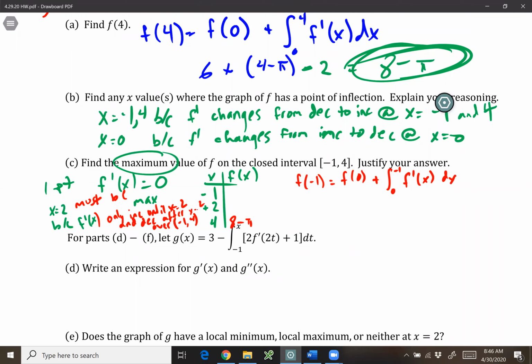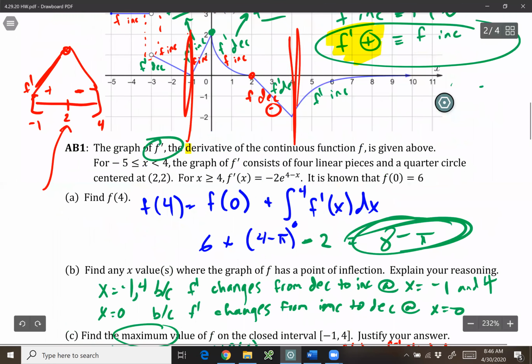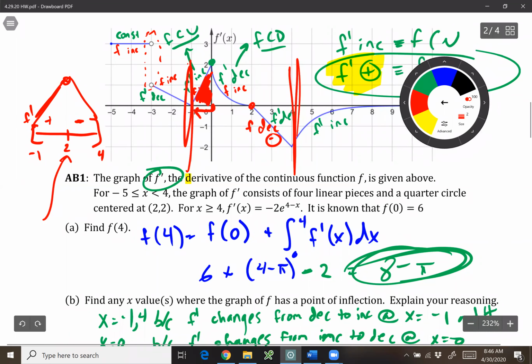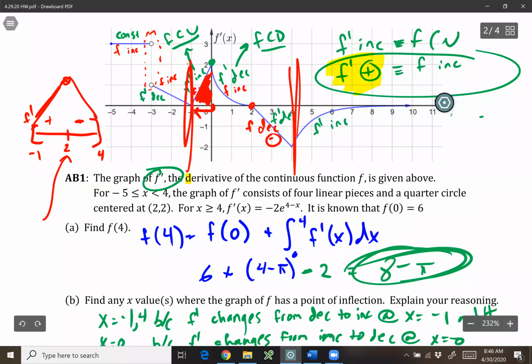So f of -1 is going to become 6 plus the integral from 0 to -1, which is going to be this triangle here. But because we're starting at 0 and going backwards to -1, even though it's above the axis, it's going to be a negative value.